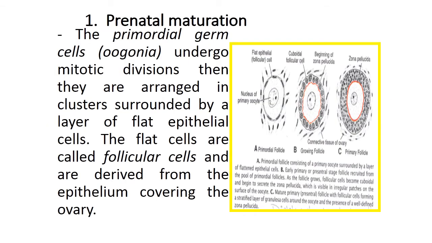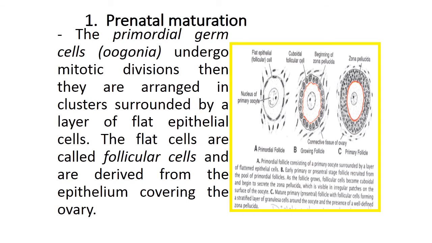Prenatal maturation. The primordial germ cells or oogonia undergo mitotic divisions, and this results in an increase in number. They are arranged in clusters surrounded by a layer of flat epithelial cells.